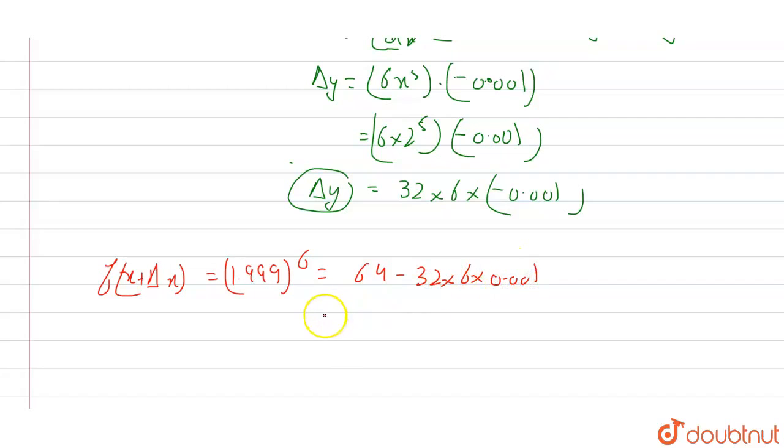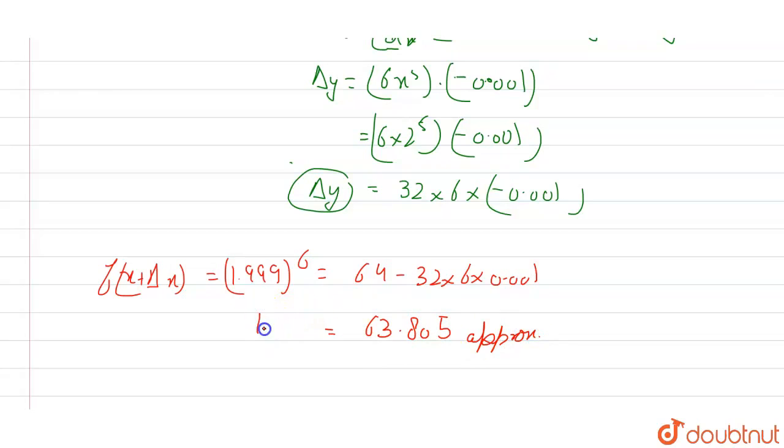So 64 minus 0.192, this value will overall come out as 63.805 approximately.